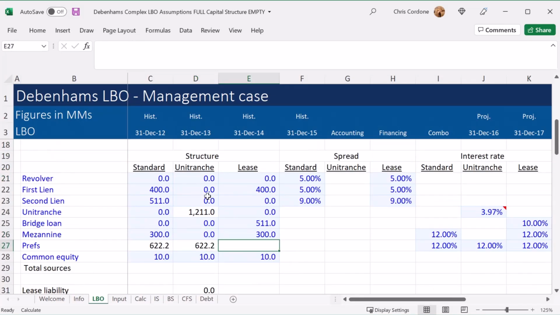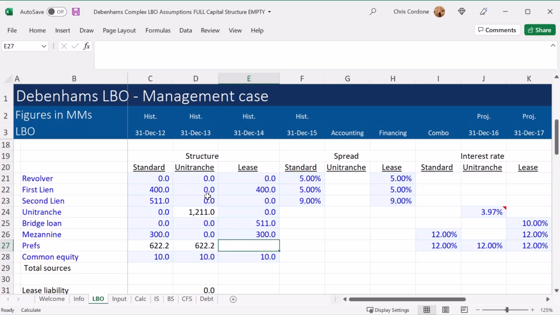And then for the sale leaseback, what we see happening here is we have the first lien loan coming into play. We don't have a second lien. We have a bridge loan, and we still have mezzanine. So what's happening here is the second lien is being replaced by the sale of the assets. So this is the private equity sponsor feeling that the value of those assets are really greater than what the second lien market is giving them credit for.